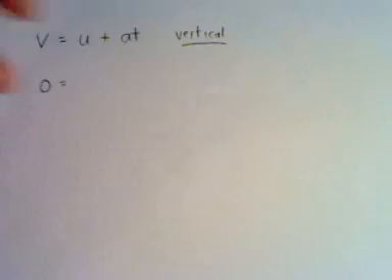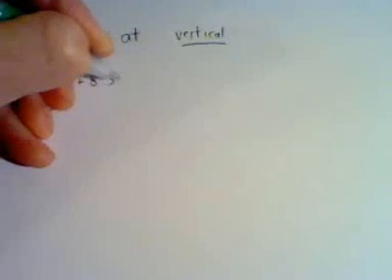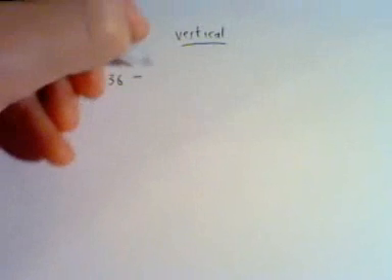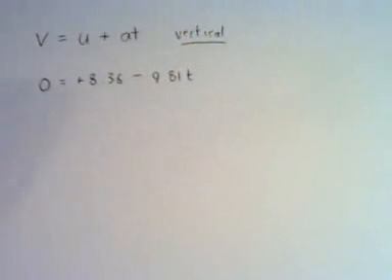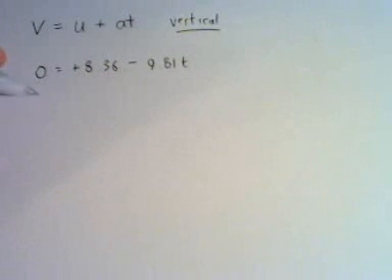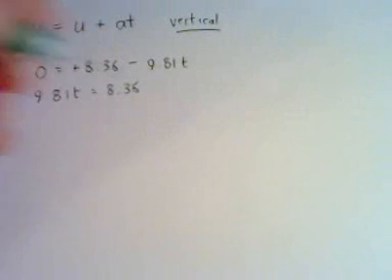The initial vertical velocity was plus 8.36. a is minus 9.81, and we've got t there which we're trying to determine. So if we rearrange that, we've got 9.81 t equals 8.36.